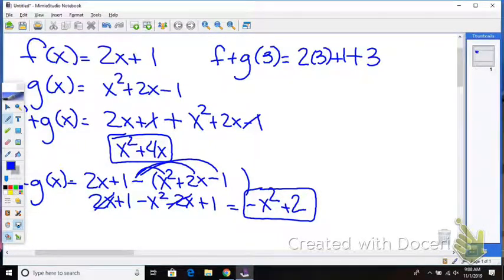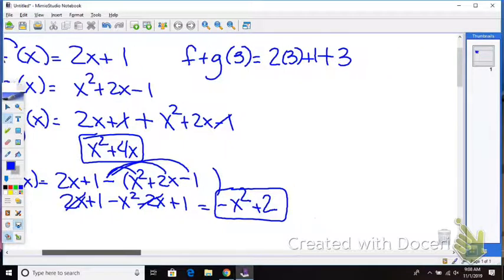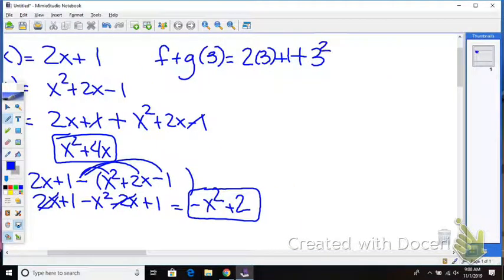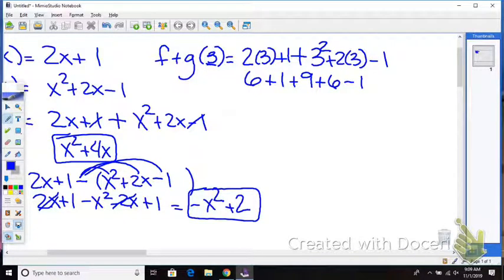I'm on the side of the board that doesn't work. 3 squared plus 2 times 3 minus 1. So when you have a number that you're inputting, you're actually going to get a number answer. So this would become 6 plus 1 plus 9 plus 6 minus 1.